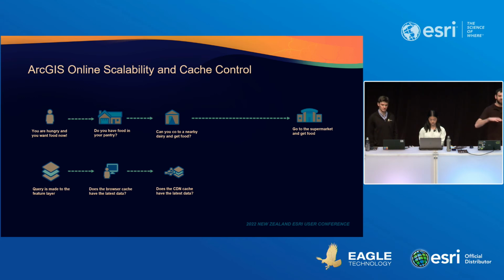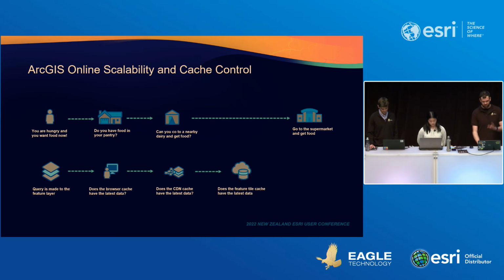It is a global network of content delivery, and it acts as our dairy. It's not our database, not our supermarket, our provider of potatoes and carrots, but it is there, and it's a filtered down version of our database. It's specific to certain things.